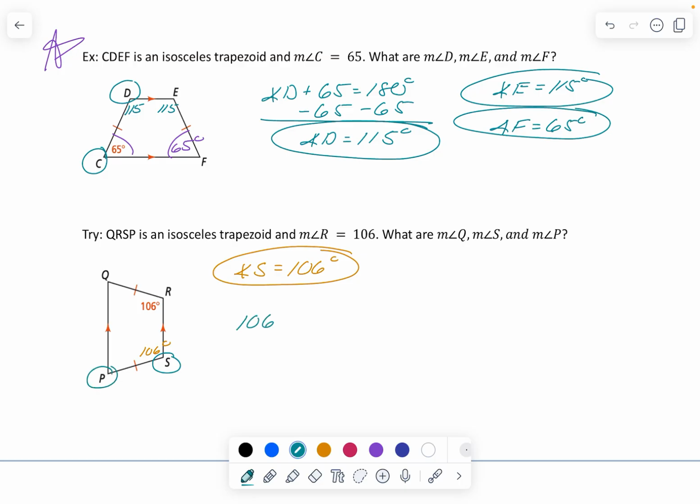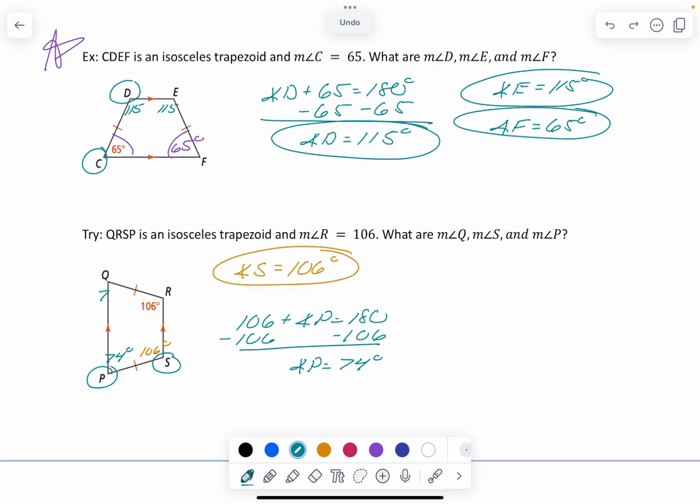So 106 plus angle P equals 180. If we subtract 106 from both sides, we get angle P is equal to 74. And if this is 74, then this also is 74 degrees. So we have angle P equal to 74, angle Q equals 74. That's it.